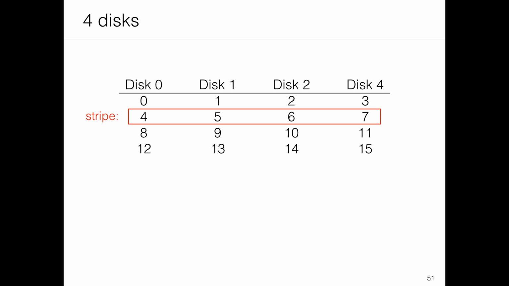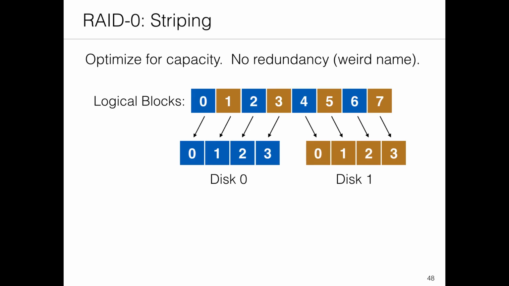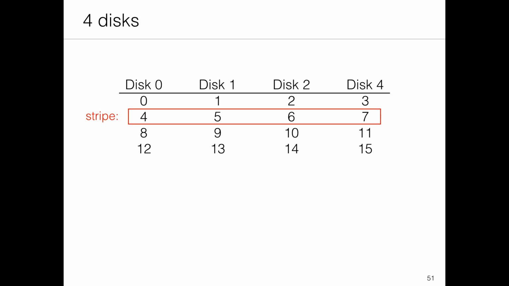Block can mean one logical or one physical entity that you're putting. It could be 1 byte, it could be 64 bytes or 64 kilobytes, depending on what you choose as one. So we have 4 disks, and we call this particular row a stripe.